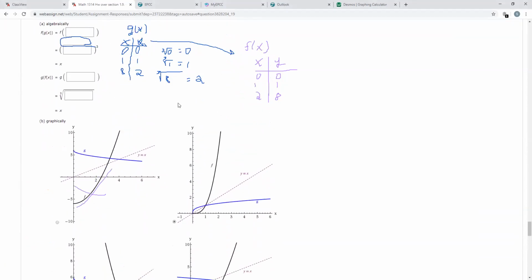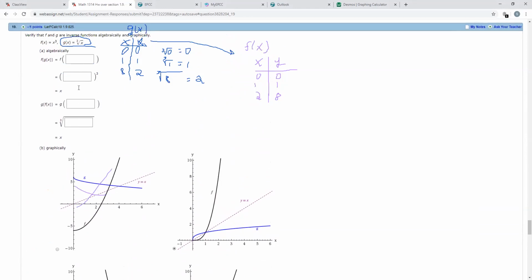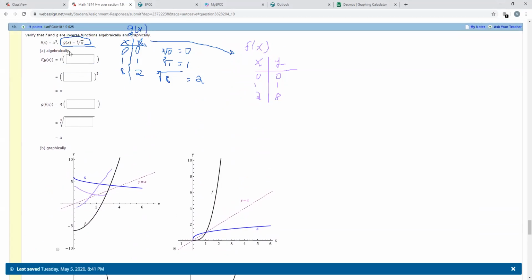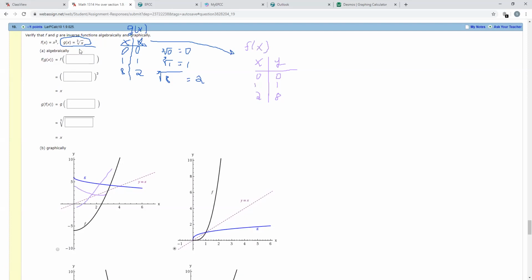So that's that. And now we're going to show that they are inverses by doing this composition that we just did on the previous problem. But I'm going to go to my notebook because it's kind of tedious and it's not very neat, and I'm sure it's tedious for you as well.